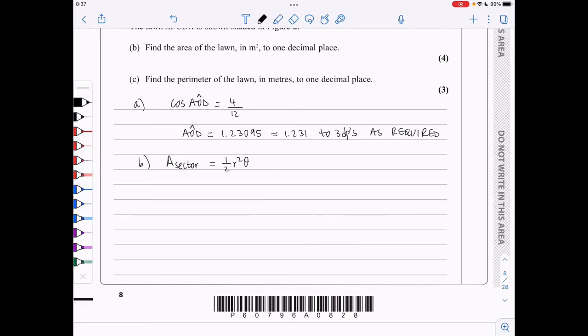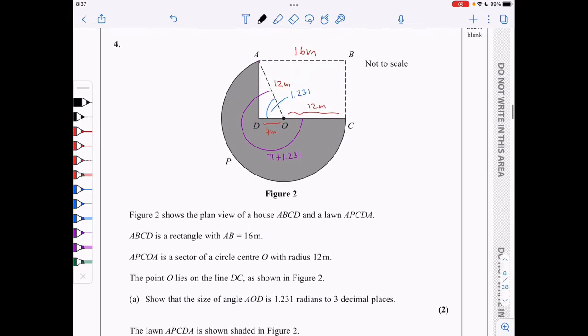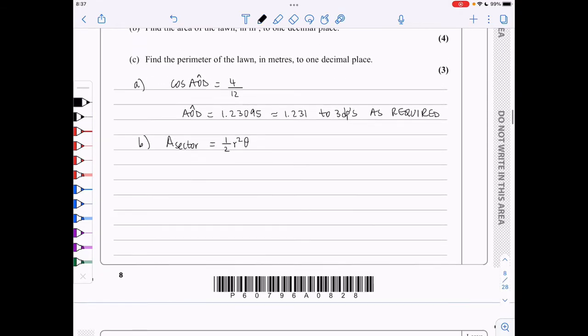So the idea is quite simple here. I will find the area of the sector using the formula we just mentioned, and then I'm going to deduct the area of this triangle, bearing in mind we've got this, and the included angle. So I'll be using a half ab sine C for this one. So the area will be a half, we know that the radius is 12, so it's going to be 12 squared here.